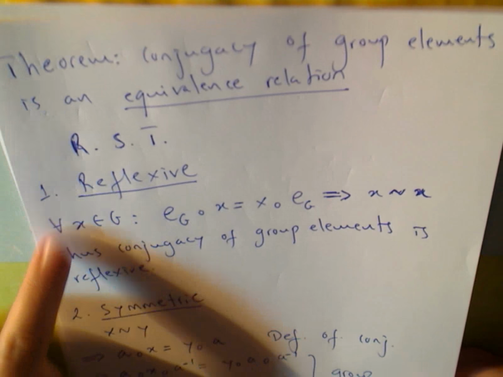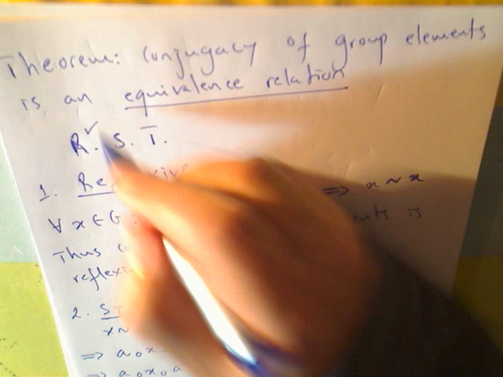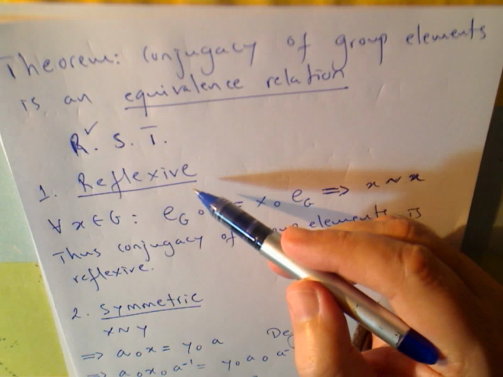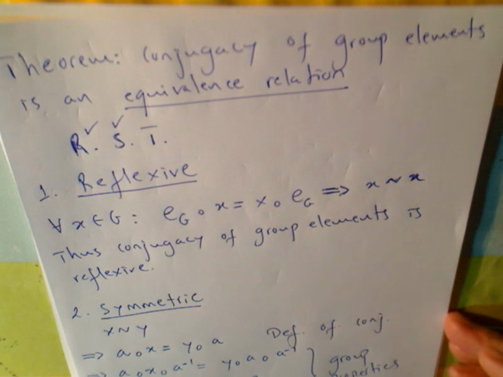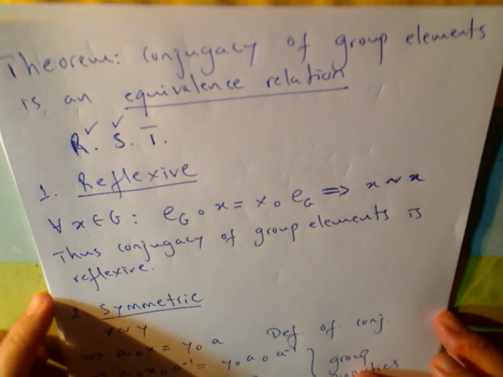Okay, so we checked for reflexivity, checked for symmetry, we now need transitivity. Okay, let me see.